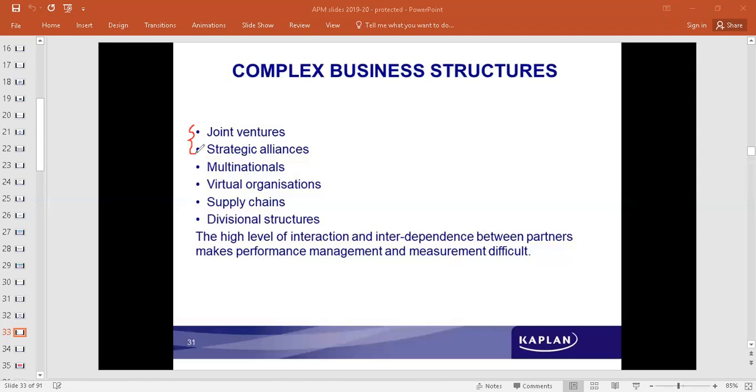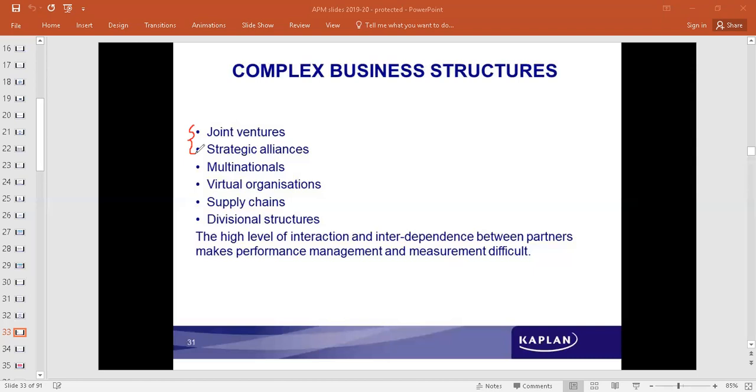Joint ventures and strategic alliances are structures where people from different organizations, or different organizations, come together to carry on with the activities. So there is a business done jointly by coming together and carrying out the activities.